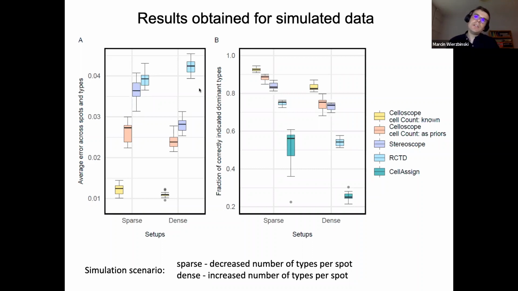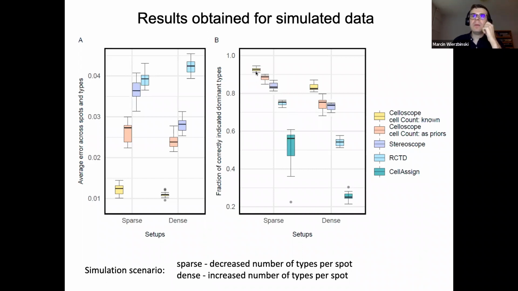Okay, and here we have another measurement, the fraction of correctly indicated dominant types. Celloscope also has a number going to 1, so it's super, our fraction is correct.